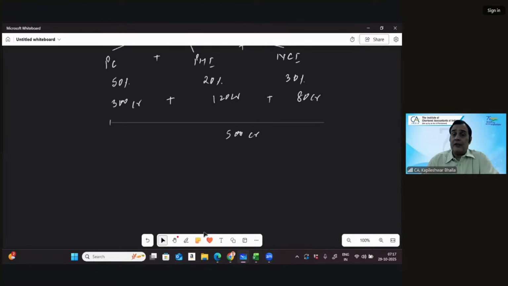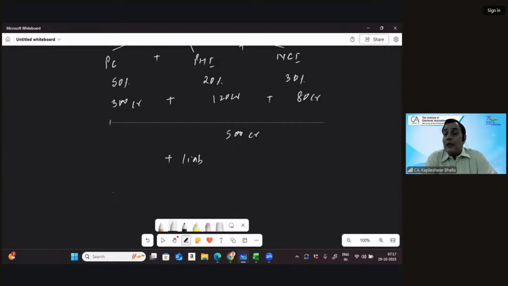Now, we need to make some further calculations. What do you need to do? First of all, you need to add the liabilities to this, because this is what is paid for the net assets. When you add back the liabilities, you get what we have paid for the assets.